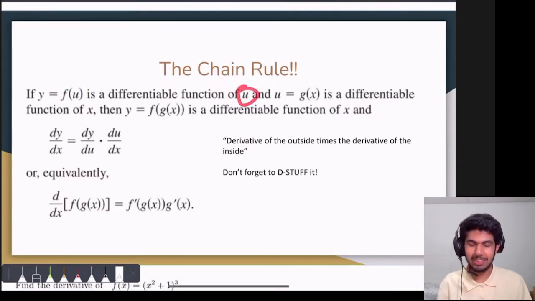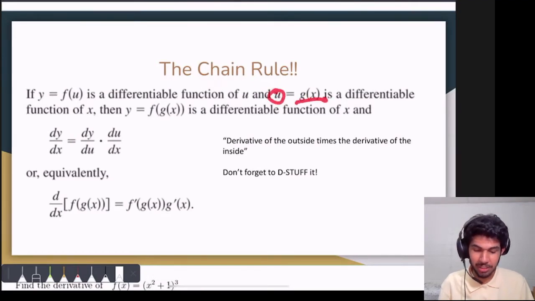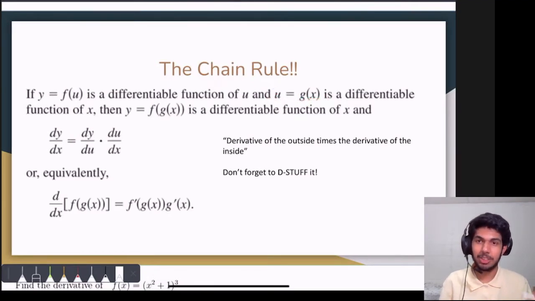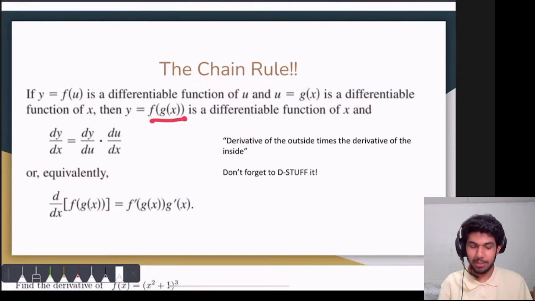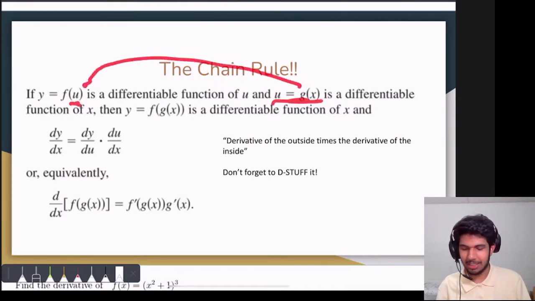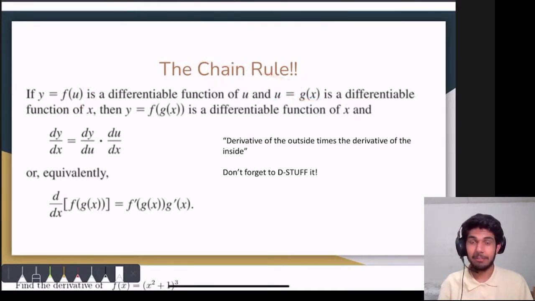Typically we're used to seeing f of x, where we have a function of x, but now we're seeing it in terms of u, and u equals g of x is a differentiable function of x. Then y equals f of g of x. Let's just stop there. This should make sense, right? Because y equals f of u and u equals g of x, so we're just plugging this into here, and we get f of g of x.